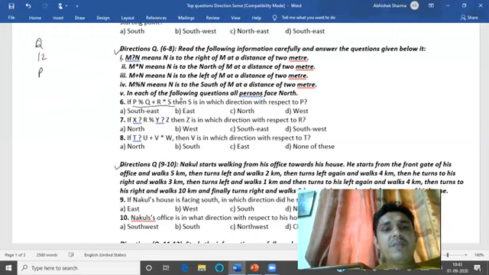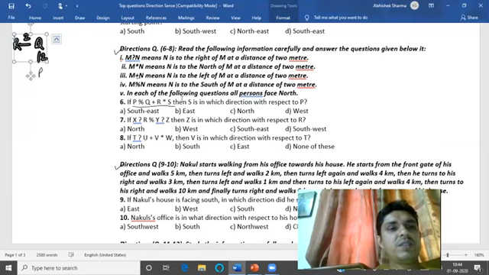Q plus R, that means R will be left of Q at 2 meter, because the meaning of plus is left at a distance of 2 meter. Thereafter R asterisk S, that means S is to the north of R at a distance of 2 meter. That means we can write like this.